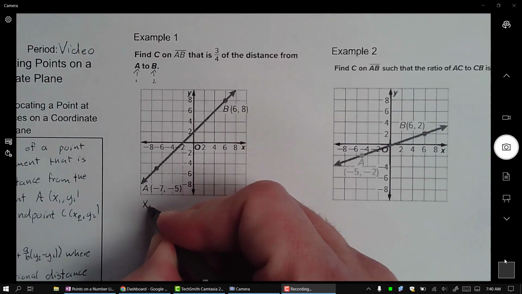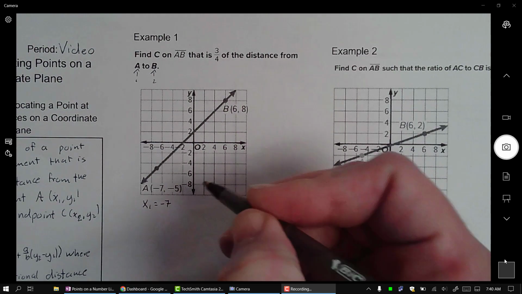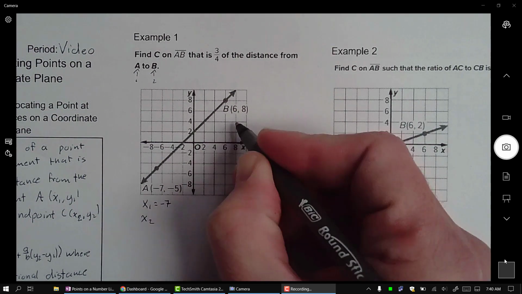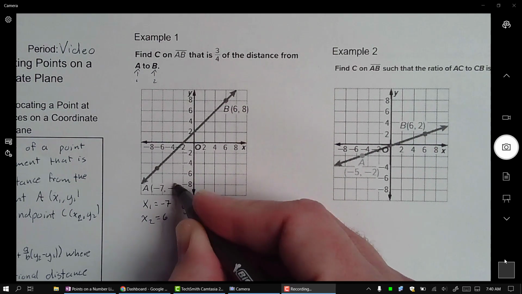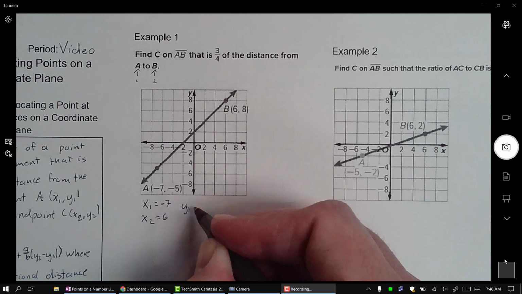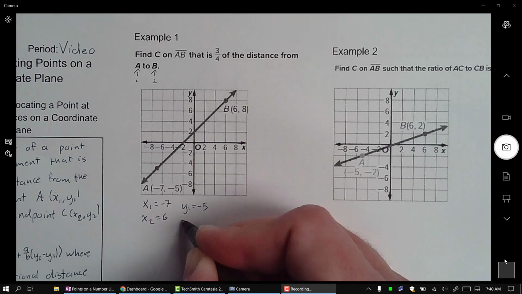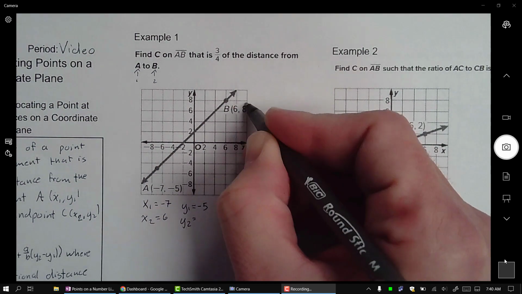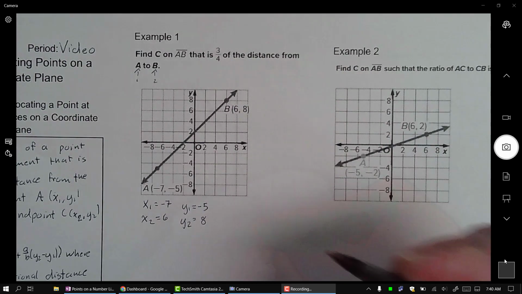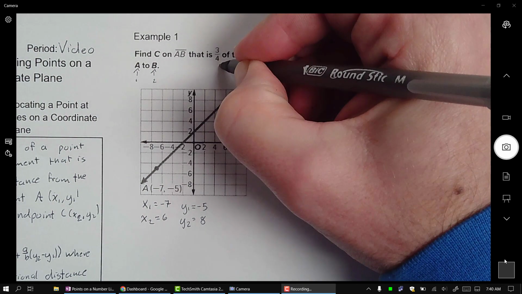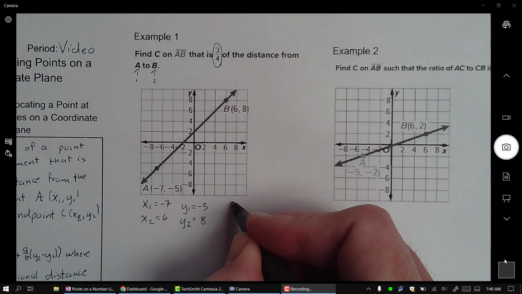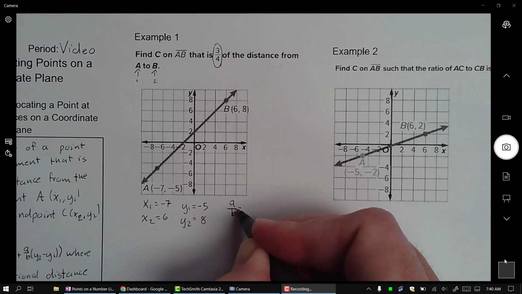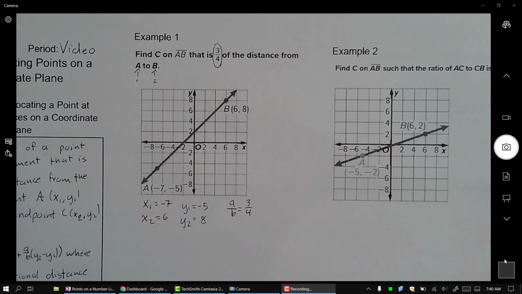So x1 is going to be -7. x2 is going to be 6. y1 comes from my start coordinate, so that's going to be -5. y2 comes from my end coordinate, that's going to be 8. And the fractional distance comes from the question, and it tells me that the fractional distance is 3/4. So A over B equals 3/4. So I have all the information that I need.